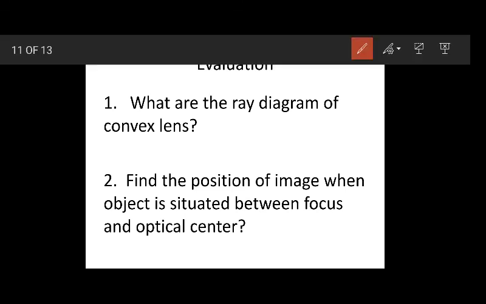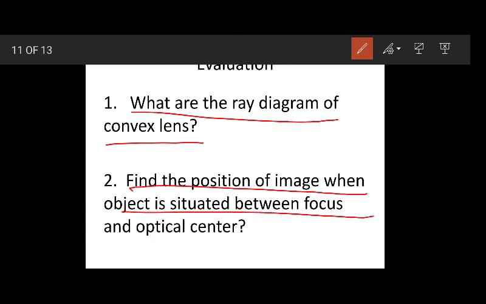Now you will do by yourself in this class: draw the ray diagram for a convex lens and find the position of the image when the object is situated between focus and optical center.